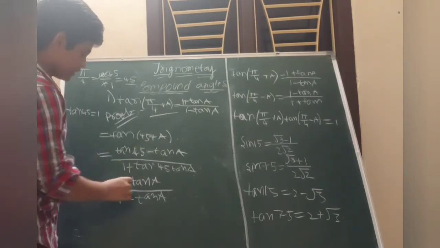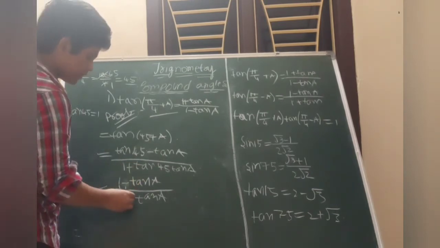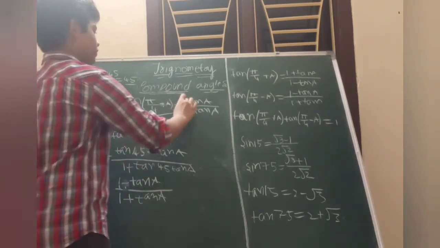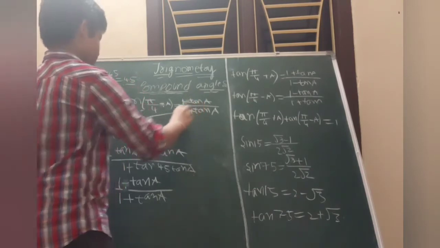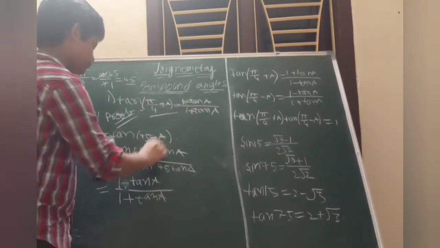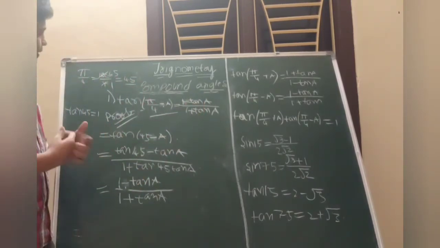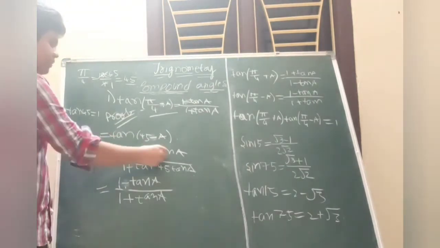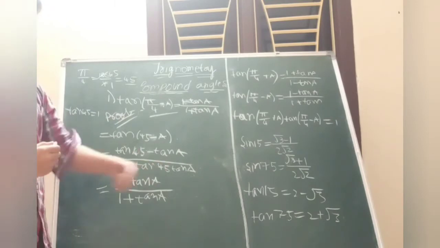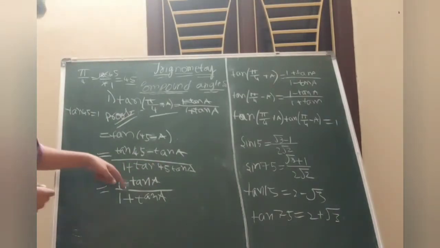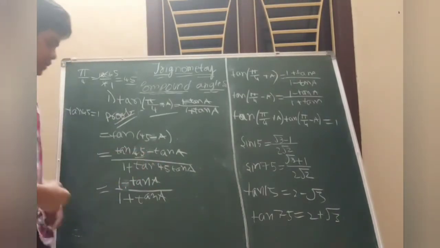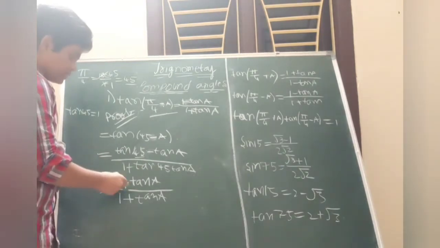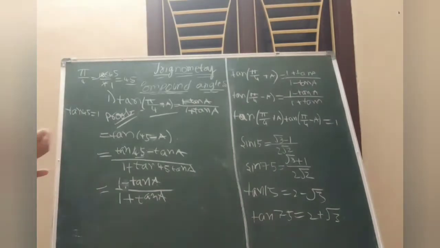So finally you get the answer 1 minus tan A by 1 plus tan A. It is the formula of tan pi by 4 minus A. Just apply the formula of tan A minus B, then you will get tan 45 minus tan A by 1 plus tan 45 into tan A. We know that tan 45 is equal to 1. So if we substitute that here, it becomes 1 minus tan A by 1 plus tan A.